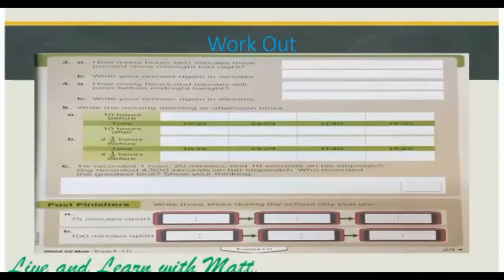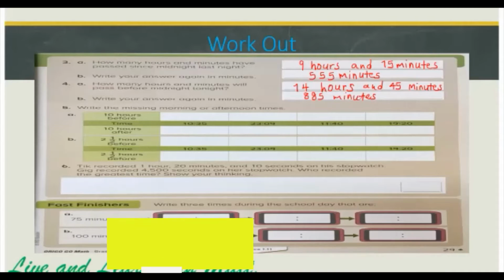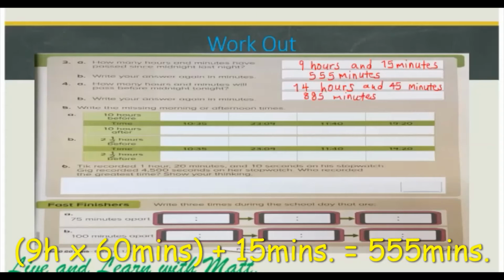Number 3, how many hours and minutes have passed since midnight last night? 3A, how many hours and minutes have passed since midnight last night? That will be 9 hours and 15 minutes. 3B, write your answer again in minutes.